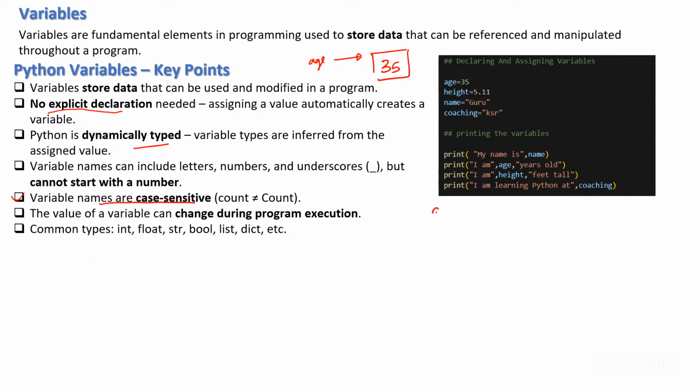If I say age equal to 35, and then say Age equal to 35, are these both the same? No. Since it is case sensitive, these are different variables, so you can't use one variable in place of another.